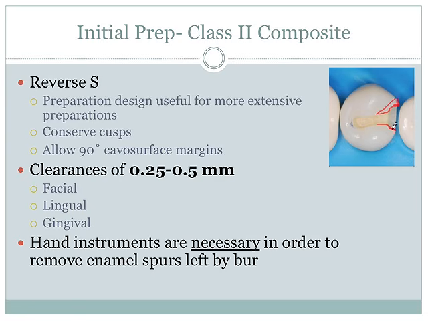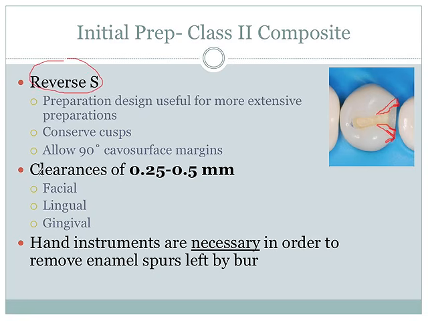Again, same thing here. So it's pretty darn close to 90 degrees. Whereas if we just made a beeline for the outside of the tooth, we might not be getting a perfect 90-degree angle. We might be making an acute angle, and then we're compromising tooth structure. So reverse S is always a nice design to keep in mind for these class 2s.